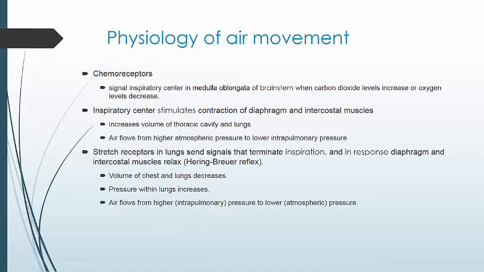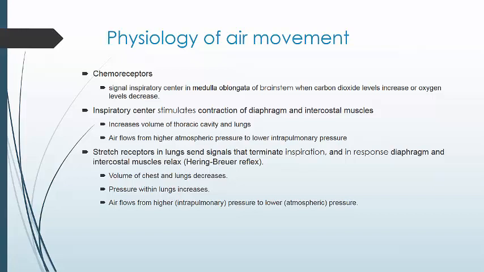So when we're talking chemoreceptors, the carbon dioxide that's produced by your cellular metabolism combines with water, and this is going to create carbonic acid, which is H2CO3. This is going to dissociate or break down into hydrogen and bicarbonate. Remember, most of your carbon dioxide is transported in the bloodstream as bicarbonate, and then is transported to the lungs.